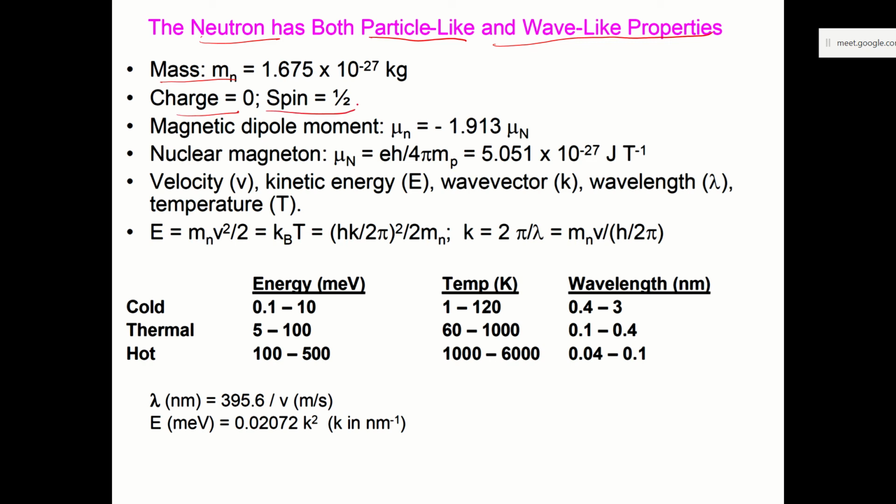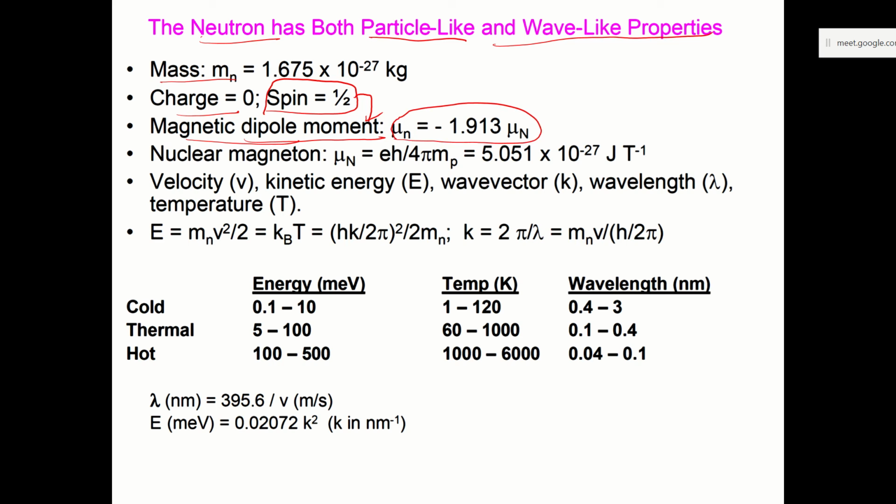Zero charge, but it has spin half, and because it has spin, I told you anything that has spin will be magnetic, so it has a magnetic dipole moment. That's an advanced quantum mechanical concept where any fundamental particle having spin will have a magnetic dipole moment, and that magnetic dipole moment is this mu n.